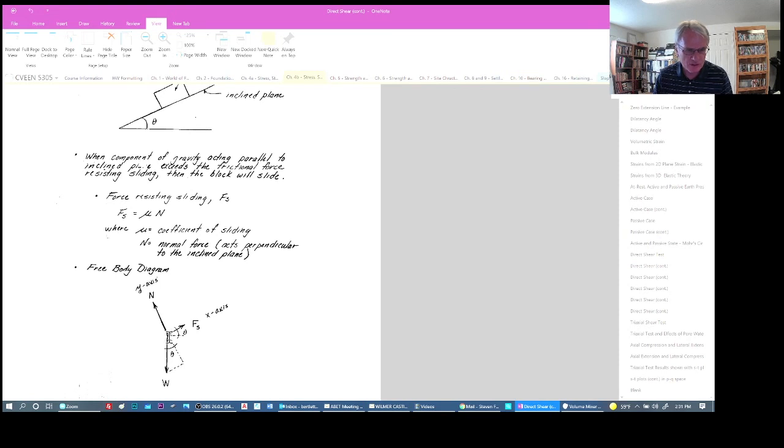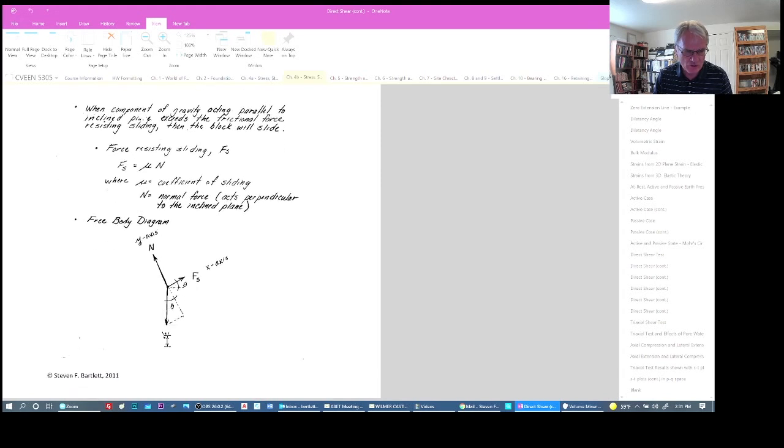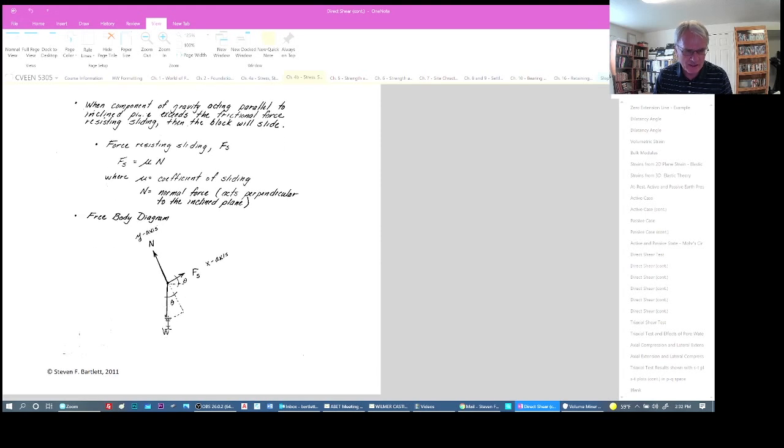So in this case, N is acting this way. The sliding force, which is Fs, is equal to mu times N, acts in this direction, and of course there's the weight of gravity acting downward. So as this angle theta increases, this sliding force increases, and this normal stress or normal force decreases.